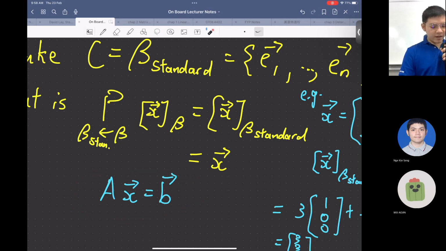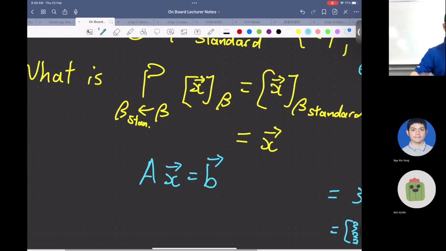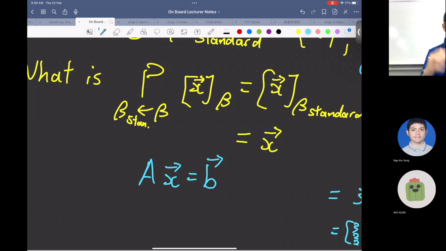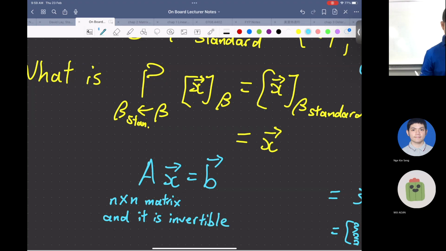Let's say we restrict our matrix to an n by n matrix, and it is invertible. Then it is really just a change of coordinate basis. Multiply the solution, where you get B.